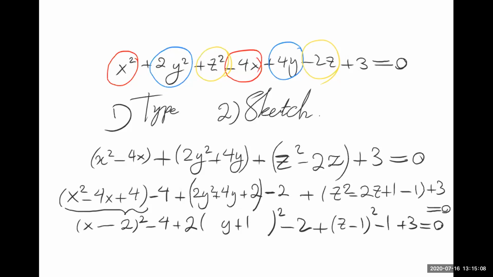Okay, look at these constant numbers. Minus 4, minus 2 is minus 6, minus 1, negative 7. Negative 7 plus 3 would be negative 4. So I can add all these constant numbers and I would get minus 4. Okay. I can take minus 4 to the other side of the equation.